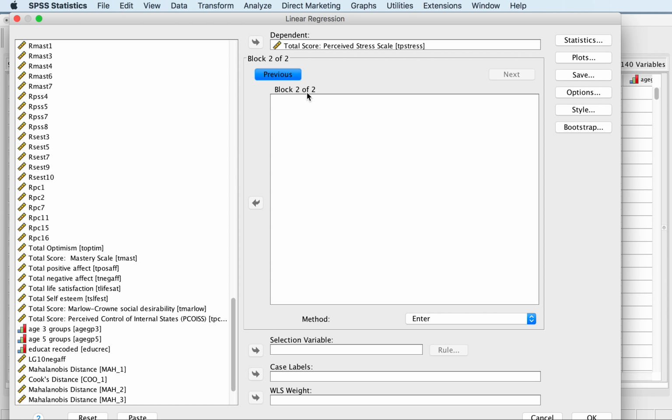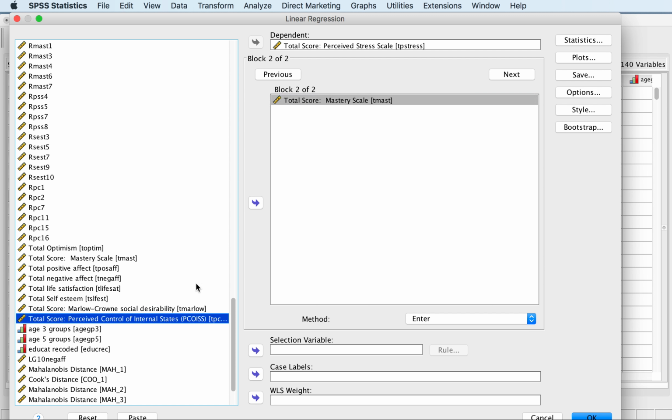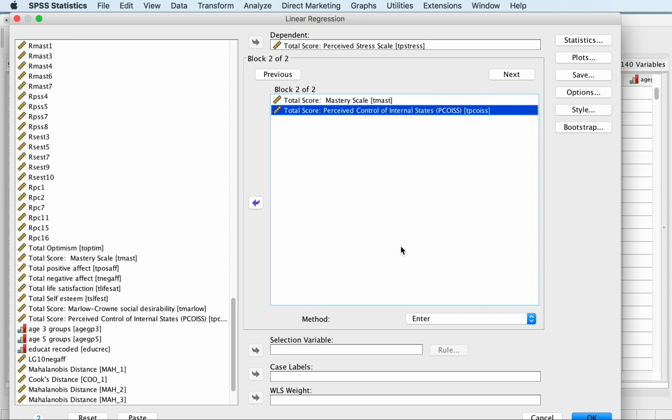This becomes our second block. So now we're in block 2 of 2, and we're going to enter the two variables that we just used, the total score on the mastery scale and the PCOISS scale. The regression first enters the first block and gets all the stats on it to see if we've got significant prediction.